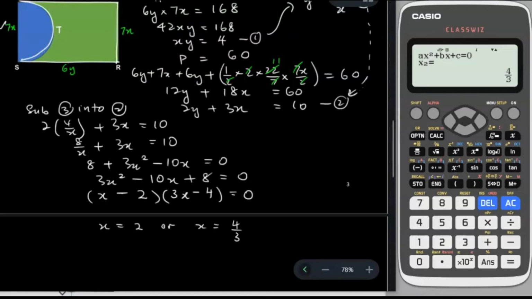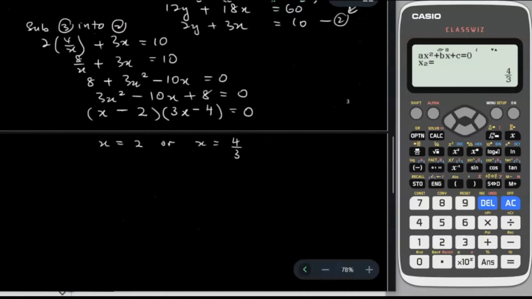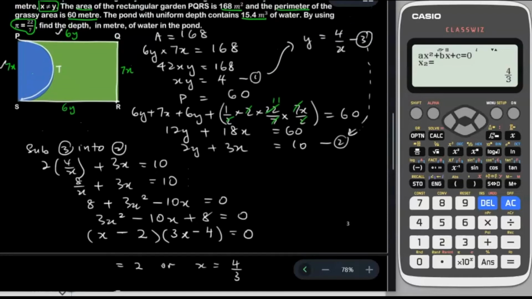So now you have to find what are the y values. Let's find what are the y values. So when x equals to 2, we're going to substitute this into the previous equation, which is equation 3. Equation 3 is over here. We're going to substitute into this equation 3 to find the values of y.